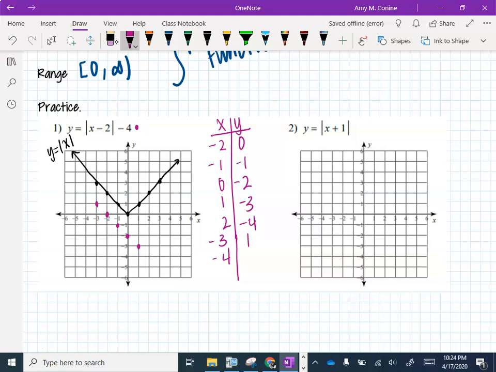Let's try -4. So -4 minus 2 gives me -6. Changes to positive. 6 minus 4 is 2. Okay, so it's not helping too much. So let's try +3 and +4. So +3, 3 minus 2 is 1. 1 minus 4 is -3.